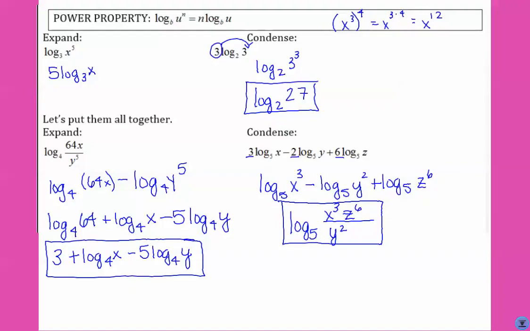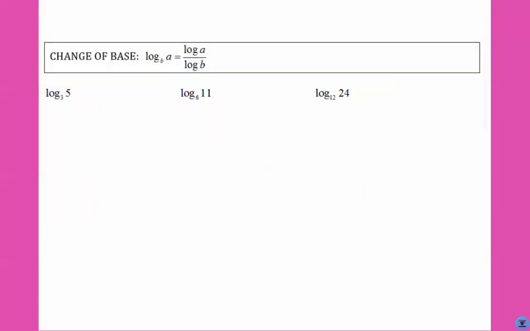All right, and our last property is called change of base. The reason we have this is because older calculators were not able to do some of the things that our newer calculators can do, and so they needed to come up with a way to do them using common logs.